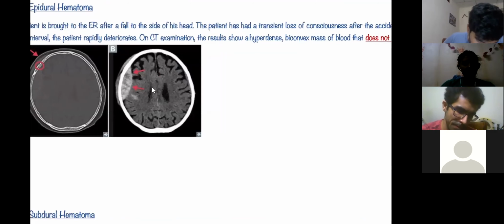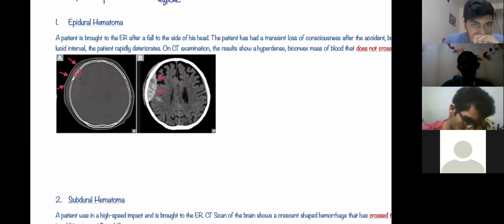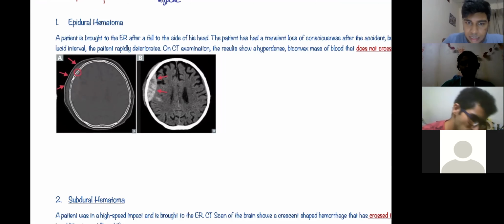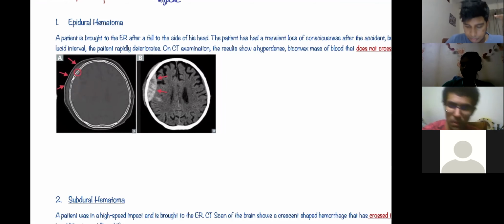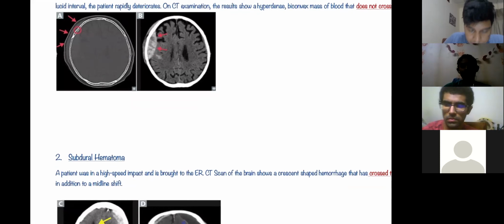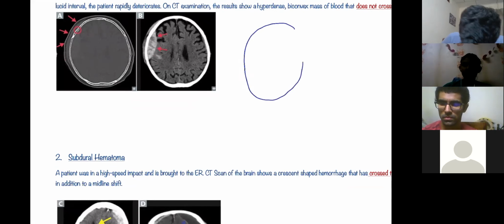So now we are talking about the first type of epidural hematoma. And especially for people in China, if you have a lesson called radiology, you will learn this there. Others, you will need this somewhere in your studies. So the first thing is, I'm going to draw the bone.